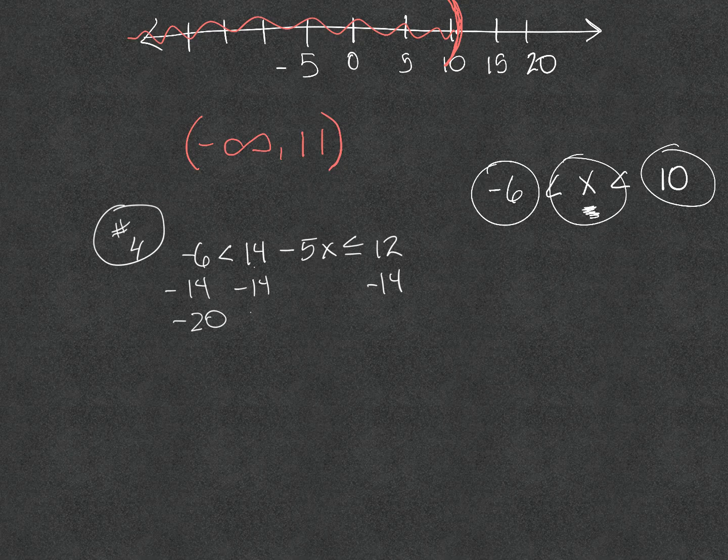That gives us a negative 20 here. It completely removes it from the center. And here we have a negative 2. Now we need to divide by a negative 5. Anytime we multiply or divide by a negative, this does not apply to addition or subtraction, but just multiplying or dividing by a negative in an inequality, we need to flip all of the inequality symbols.